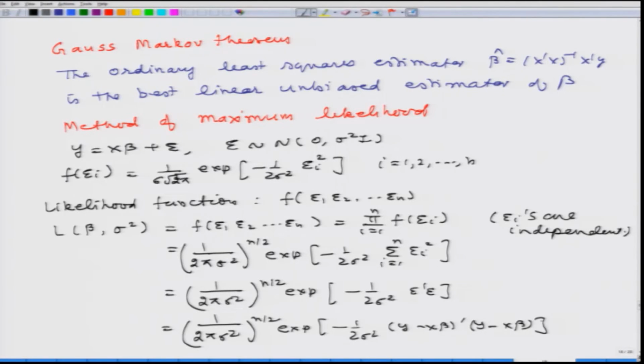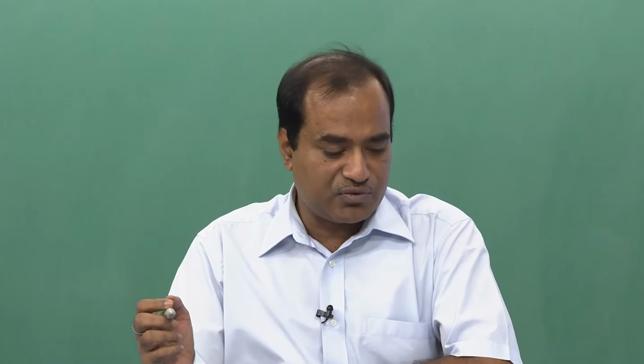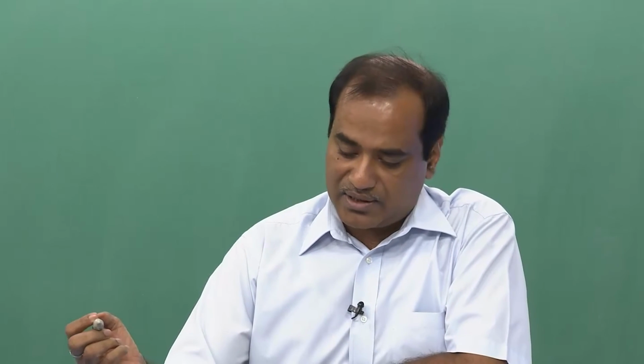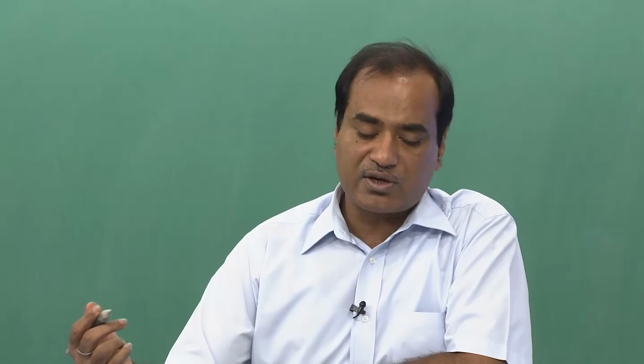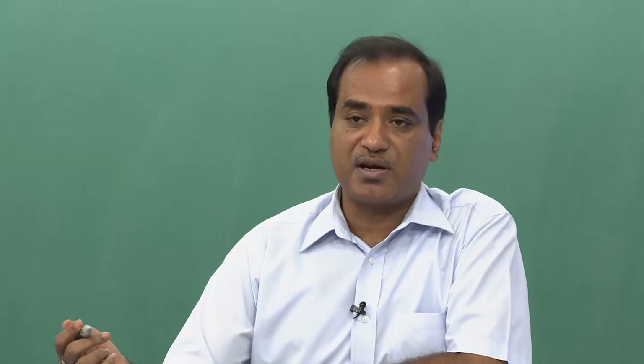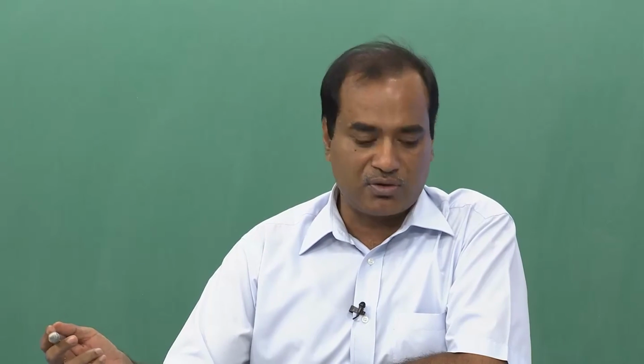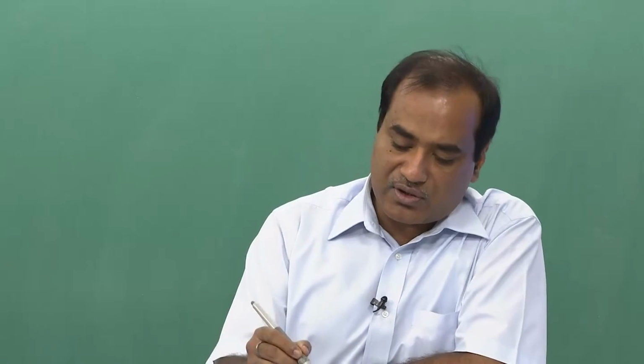So, now since we know that the log transformation is monotonic and it is easier to handle the log of L beta sigma square rather than the likelihood function, we take the log transformation and define L star, which is the natural log of L beta sigma square.